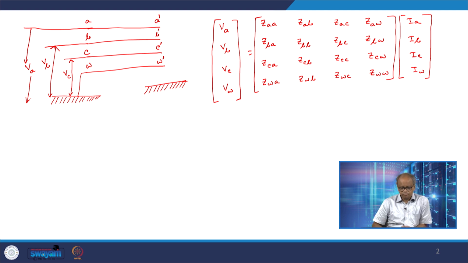So we have started with this. Now it is very simple. Here I can say what the expressions of the impedances are. Please note these are not primitive impedances.